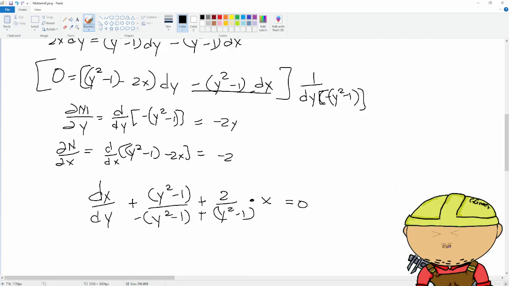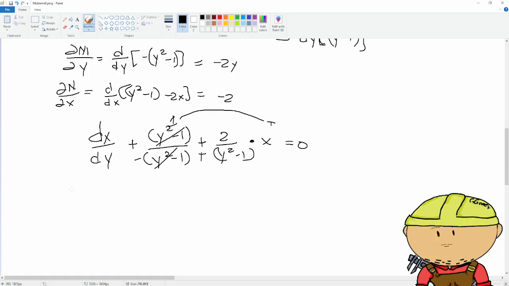This will become positive and that will be cancelled. That will become 1 transposed to the opposite side. dx over dy plus 2 over (y squared minus 1) multiplied to x is equal to 1. Your P of y is 2 over (y squared minus 1).